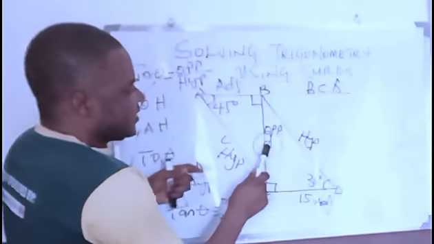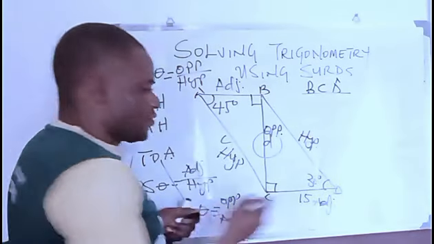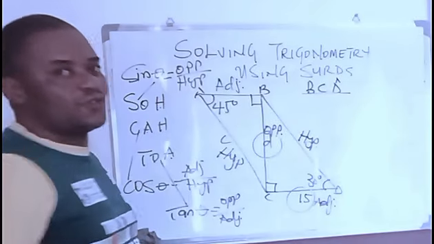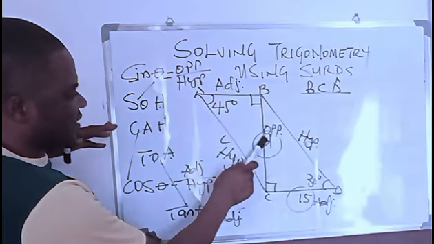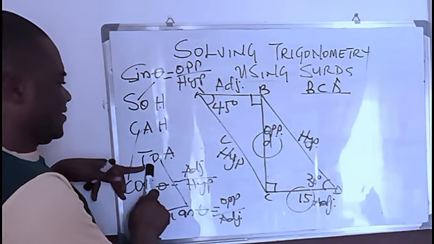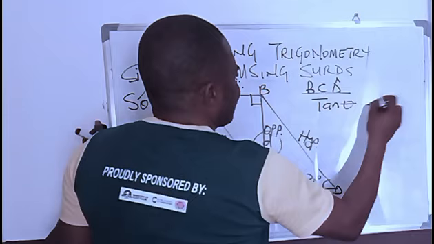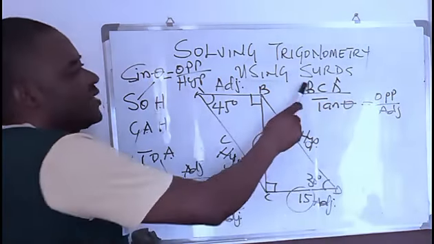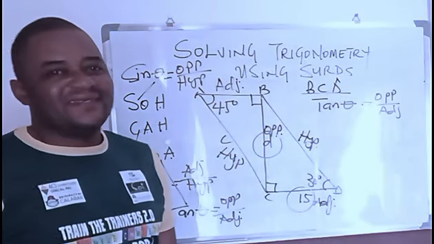The side D is what we are looking for, and CD is given to us, which is this. That means we are given opposite and adjacent. So what trigonometric convention are we going to use? We are using tan theta equals opposite over adjacent, for this triangle BCD, where the angle is given at D.